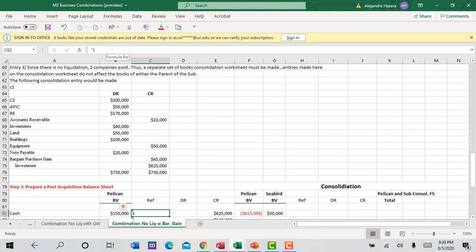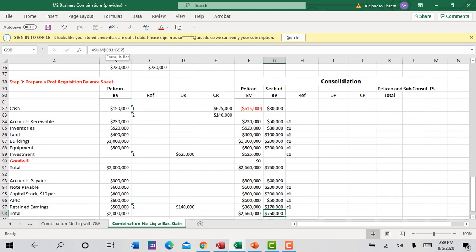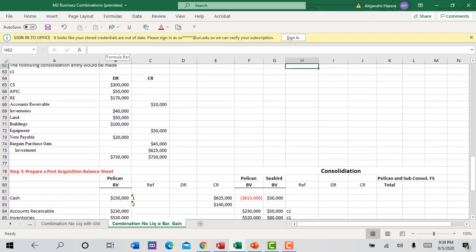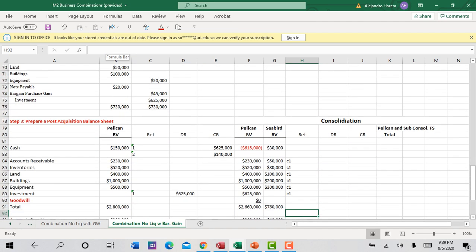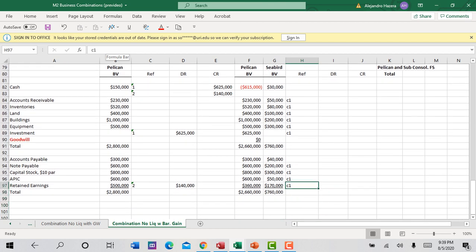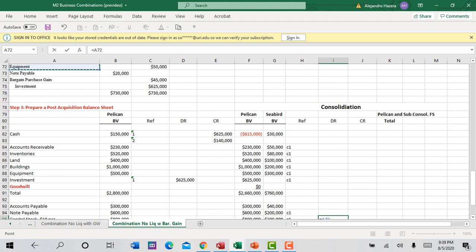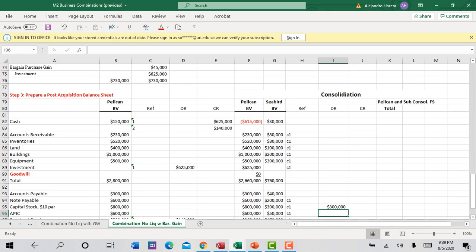Okay, so we should be fine. So first of all, this is one journal entry. And to save myself a little bit of time, I'm just going to say every entry I make in here, there it is, C1, comes from C1. So everything I do here is C1. I'm going to go ahead and post these amounts to the consolidation. So there is a debit to common stock for 300,000.